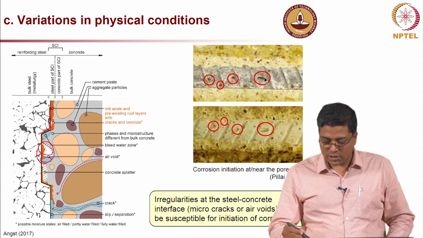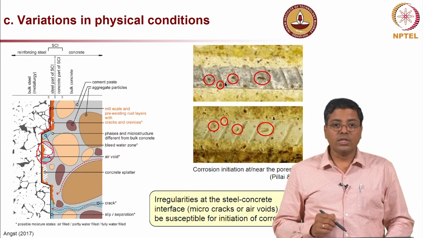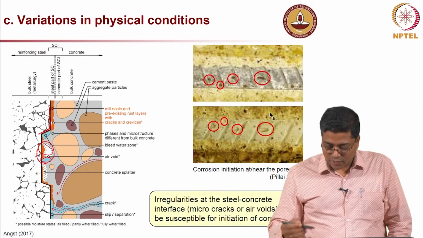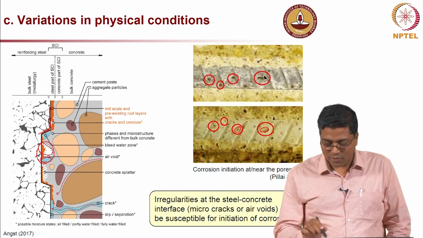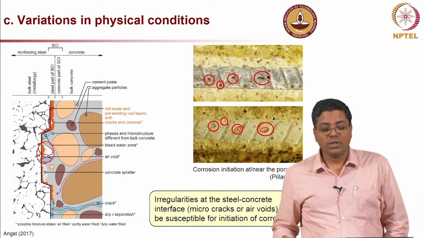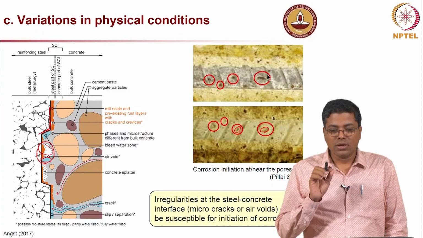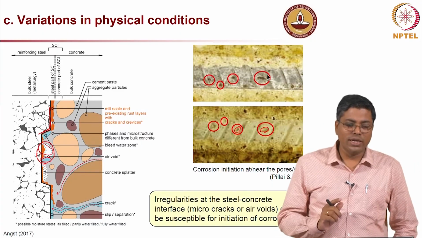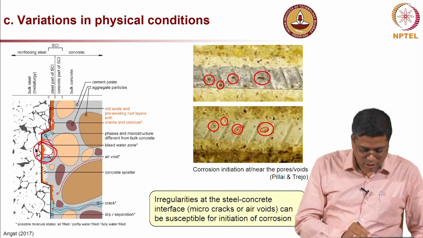You can see this is a rust spot, this is a rust spot, all these regions within the red circles are rust, and when you see the imprint of that, you can see there was actually a void here, and everywhere it matches very well. So, very clearly we can see that these very small air voids, which may be at millimeter scale, actually lead to the initiation of corrosion.